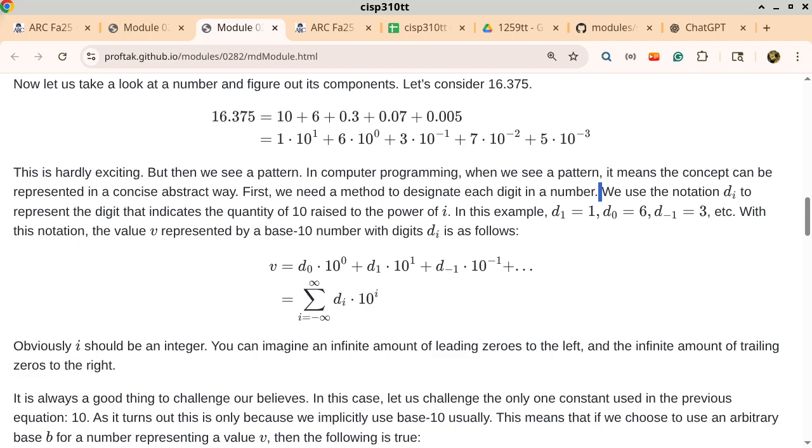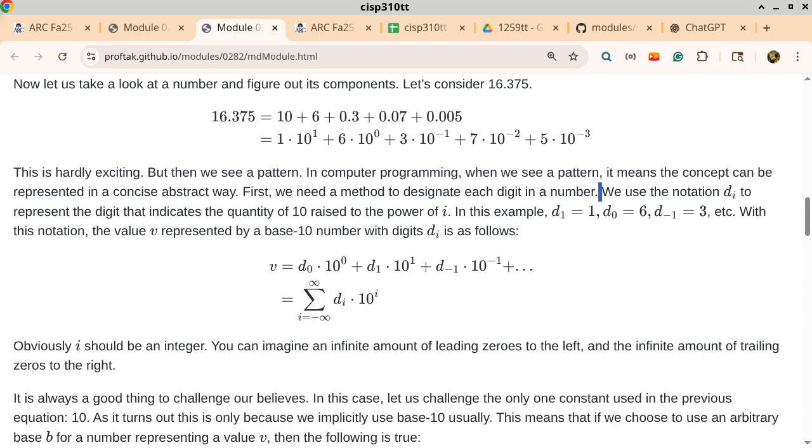Without the decimal point, in the case where you have D negative 1, D negative 2, you would not know where the boundary is. So the purpose of the decimal point is to tell you that on the left-hand side of the decimal point is D0, and on the right of the decimal point is D negative 1.